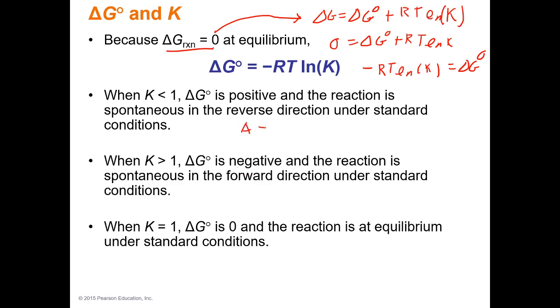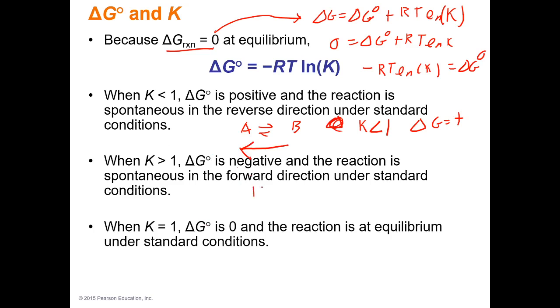If you have A in equilibrium with B, and K is less than 1, delta G will always be positive. And if delta G is positive, that means it is non-spontaneous as written. If it's non-spontaneous as written, that means going backwards, it is spontaneous. So the reaction will spontaneously go more towards A and less towards B.